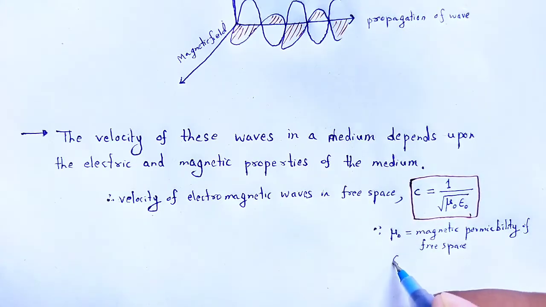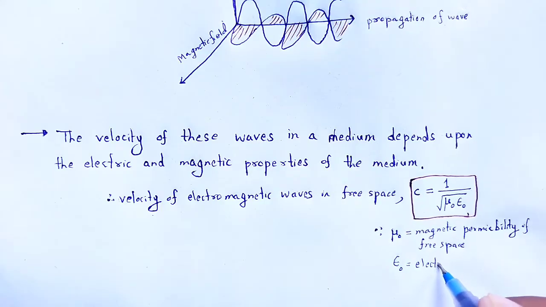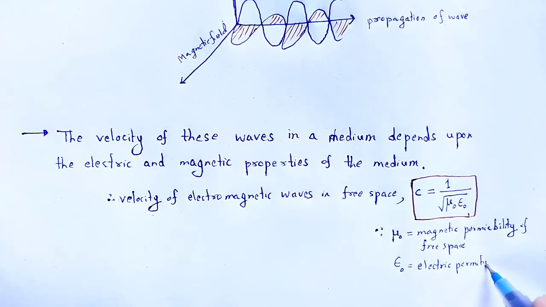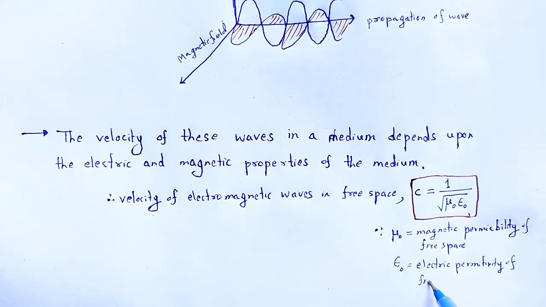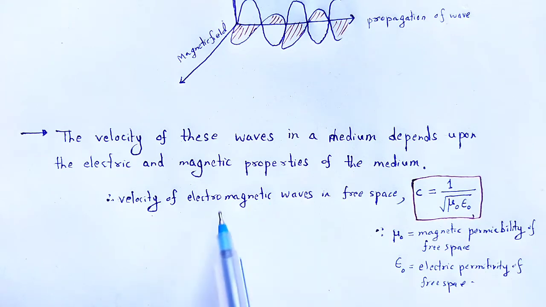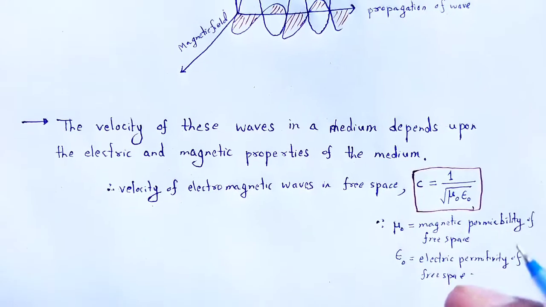Similarly, epsilon naught is the electric permittivity of free space. In a similar pattern, the velocity of electromagnetic waves in a given medium can be expressed.